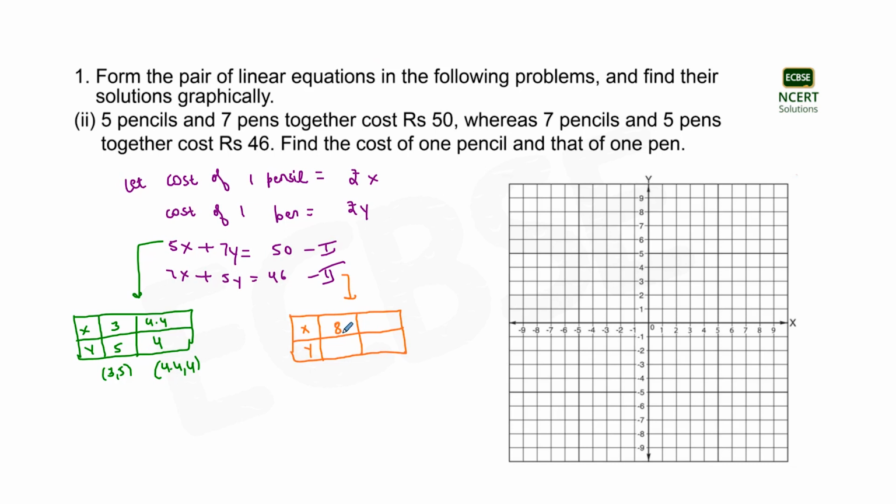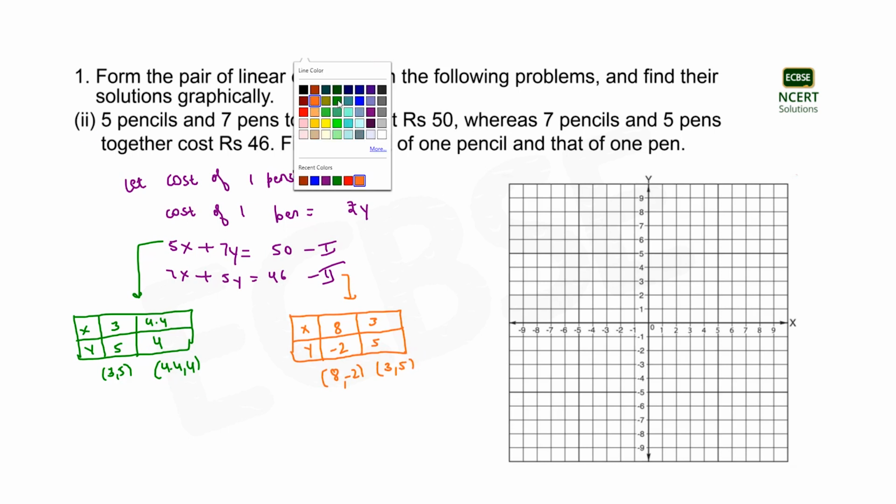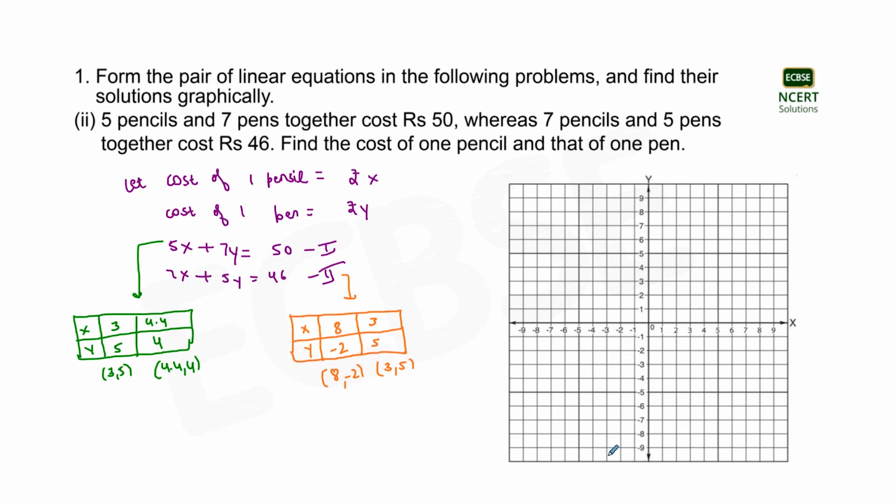If we put 8 for x in equation 2, the value of y comes out to be -2. And if we put the value of x as 3 in equation 2, then the value of y comes out to be 5. So we have obtained 2 points for the second linear equation as well, that is 8, -2 and 3, 5.